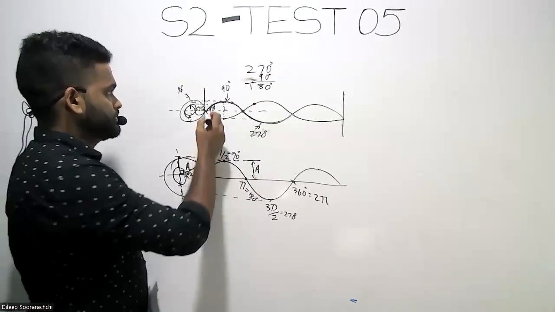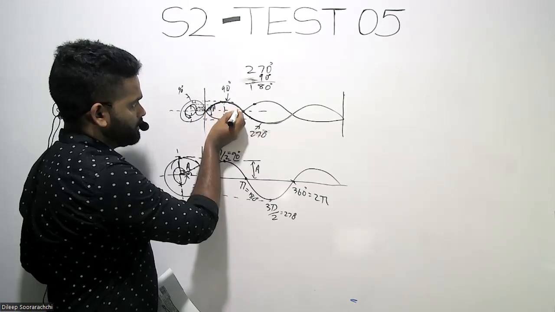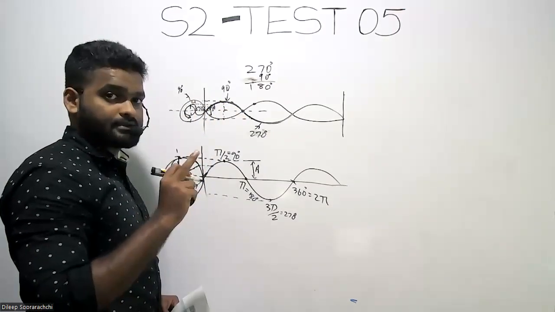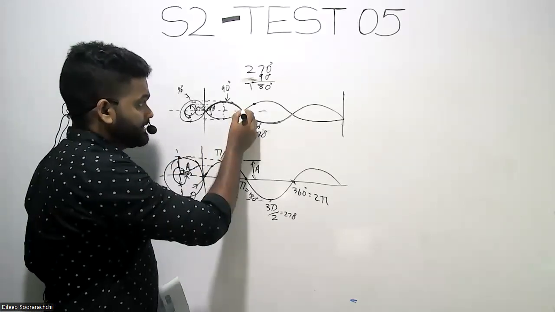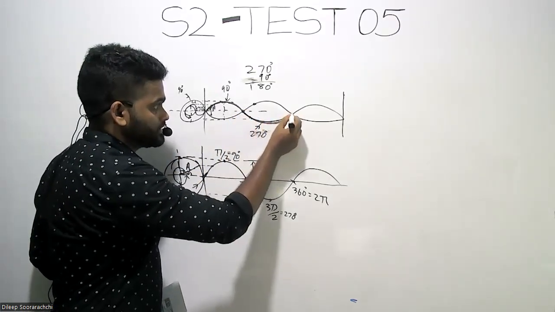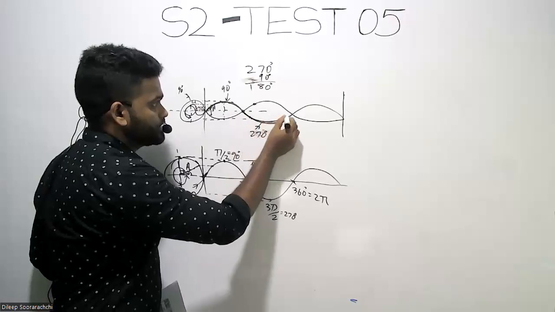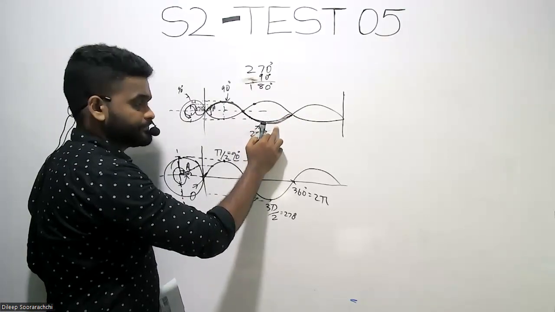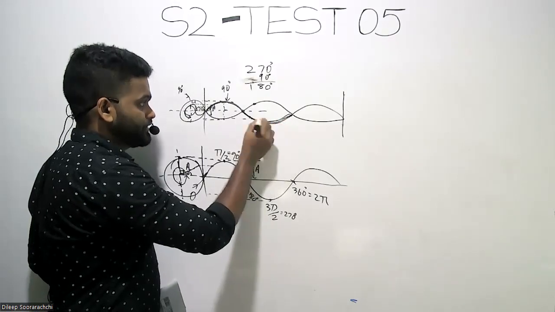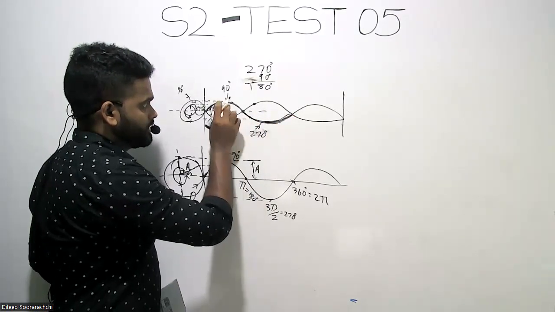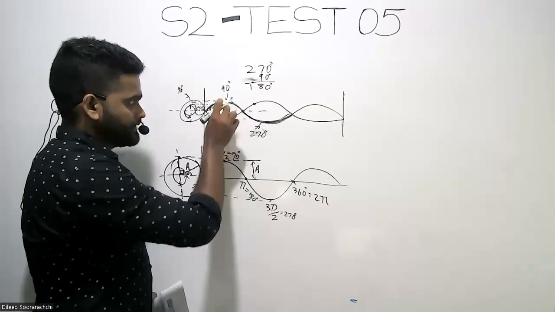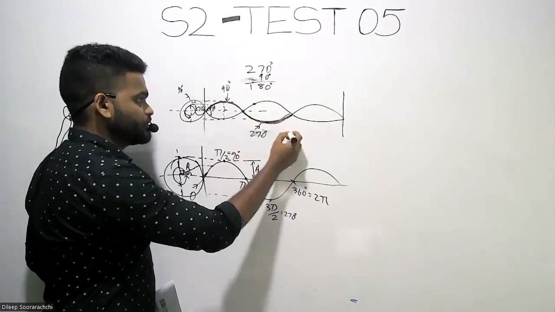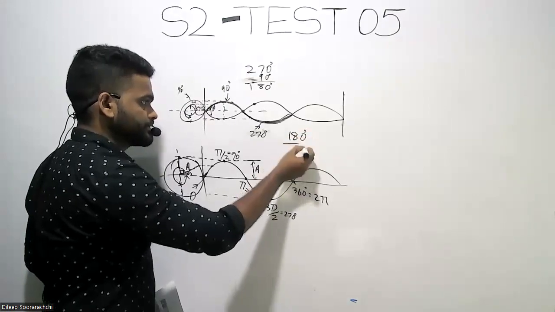Just remember, all the points of one loop are at the same phase in a standing wave. Then the other loop, close to that loop, the consecutive loop, is always at the opposite phase. So the phase difference between points of consecutive loops is always 180 degrees.